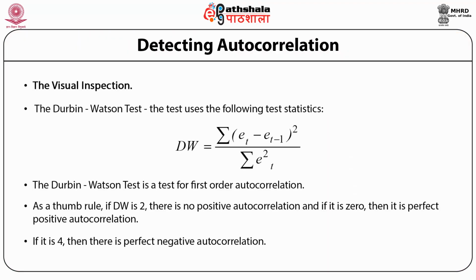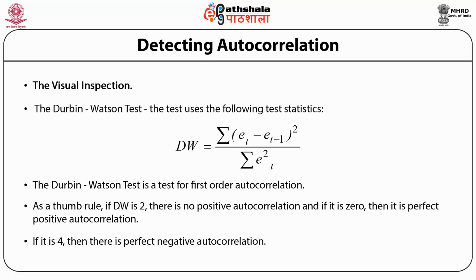So the next thing is the problem of multicollinearity and the problem of autocorrelation. These are two major problems in multiple regression analysis. The problem of multicollinearity occurs because of the relationship between two independent variables, and the problem of autocorrelation occurs when the error terms tend to be related with each other.